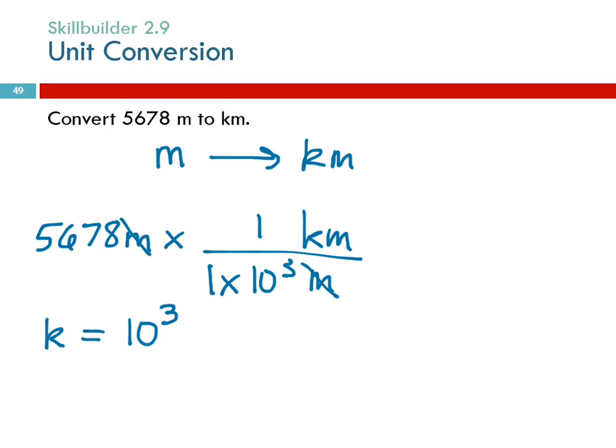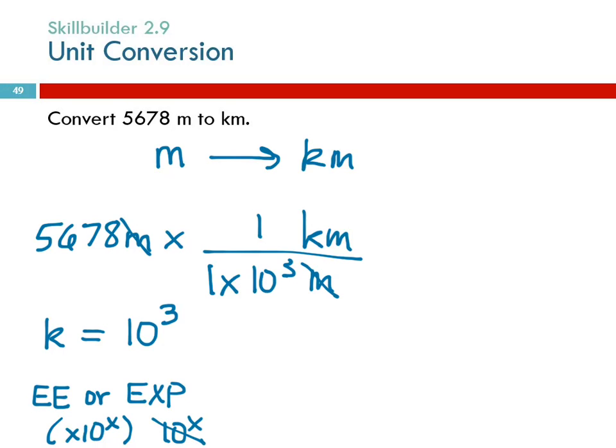Now, I haven't gone over this with you. Your calculator should have an EE button or an EXP button. A few of them have a times 10 to the X button. If yours does not have EE or EXP, please come and talk to me, and let's make sure that your times 10 to the X button is doing what it's supposed to. This is not the same as a 10 to the X button.